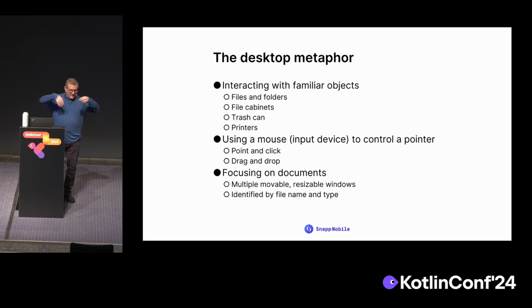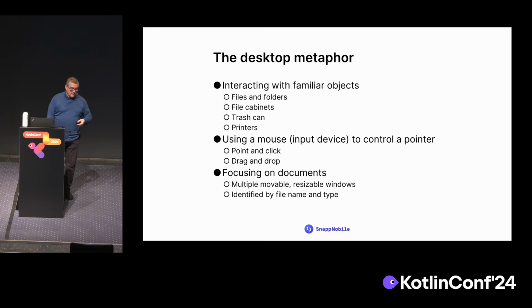So these symbolizations of objects were pretty common by the time. And the revolutionary thing was that we were interacting with these objects through an input device that's called the mouse, and this mouse in turn controlled a thing that's called the pointer, and we used that pointer to do something with these objects.